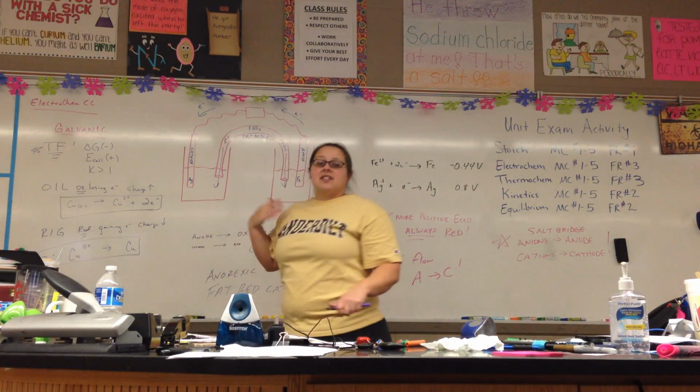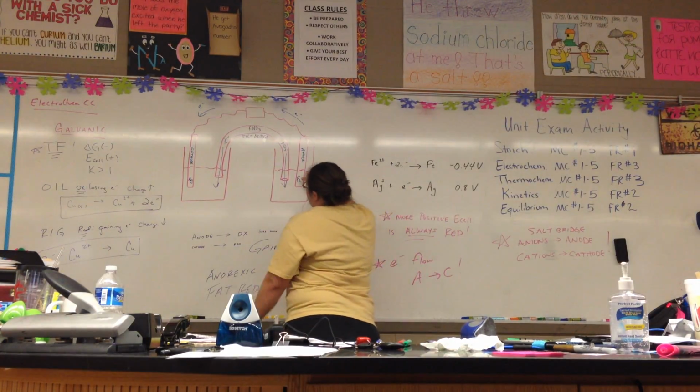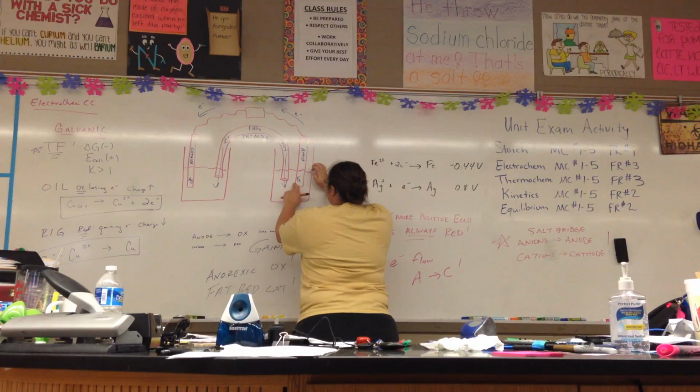Now, here is conceptually why this is the case. My anode is losing mass, right? So this little thing is losing mass, losing mass, losing mass. The reason why is because I'm getting more Fe2+, another Fe2+, another Fe2+.